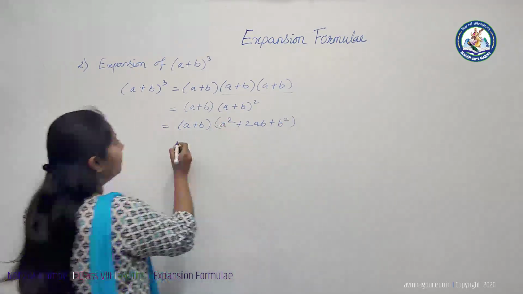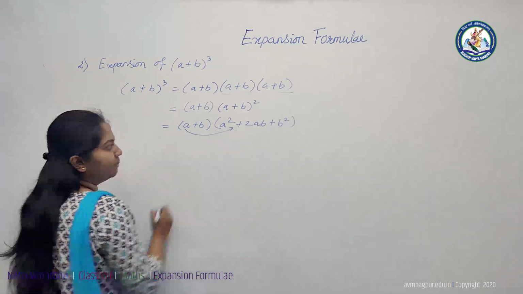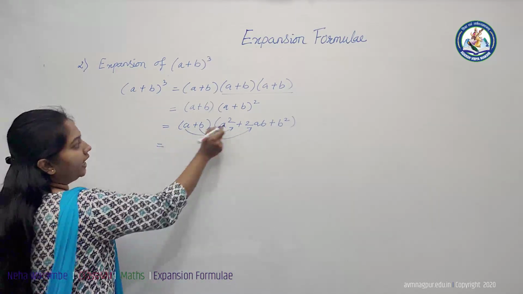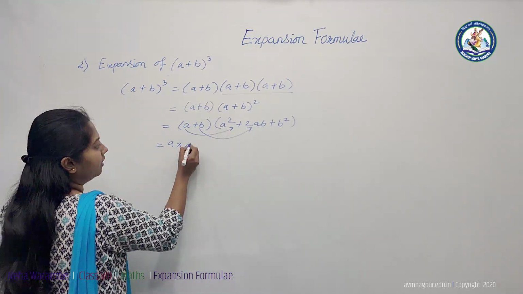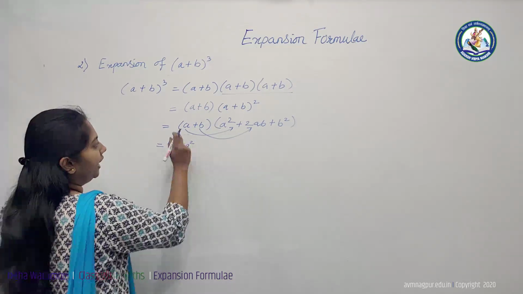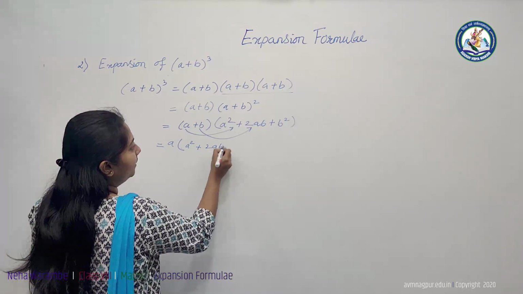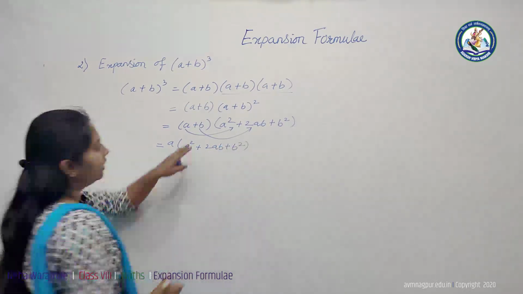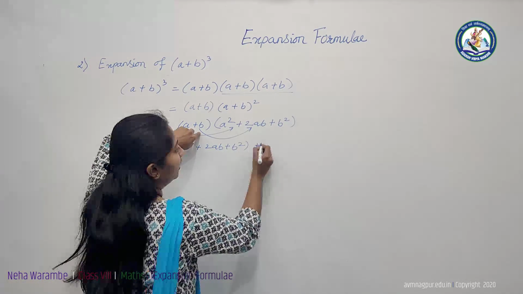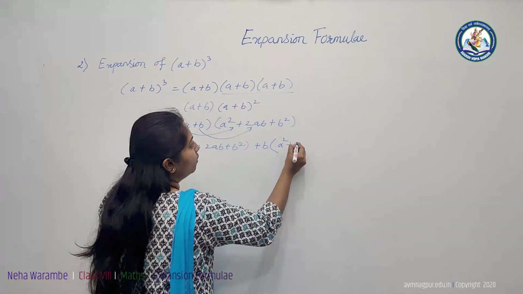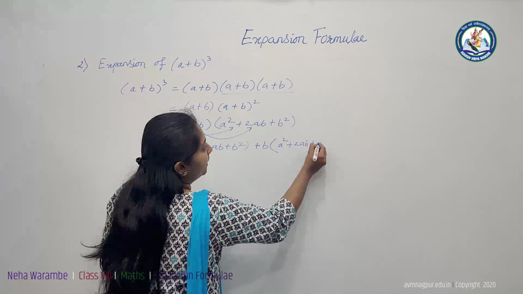Now multiply the first term into the second bracket and the second term into the second bracket. a into (a^2 + 2ab + b^2), plus b into the second bracket, that is (a^2 + 2ab + b^2).